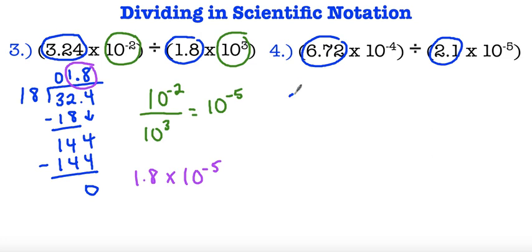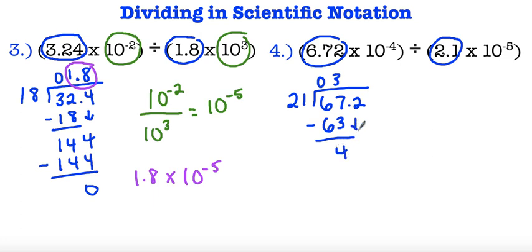So 21 goes into 6 0 times. 21 goes into 67 3 times. And then I'm going to bring up my decimal. And 21 goes into 42 2 times. So here I end up with 3 2/10.